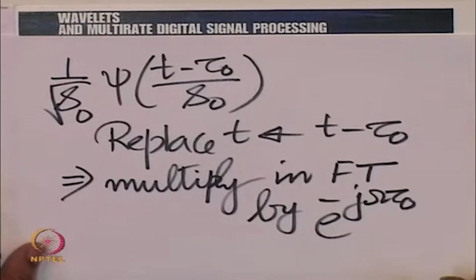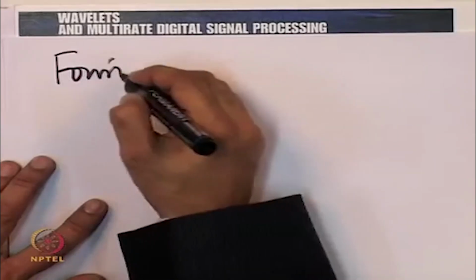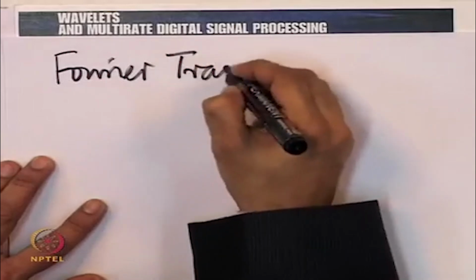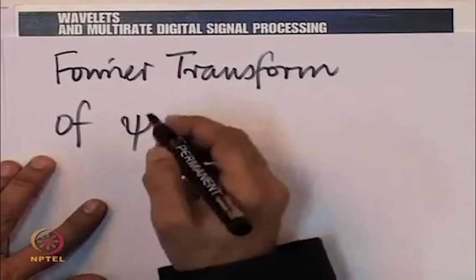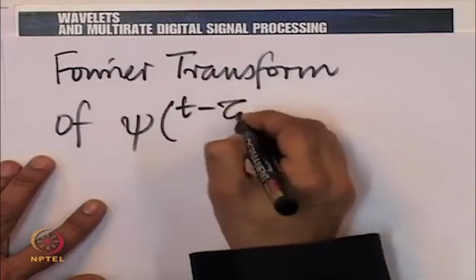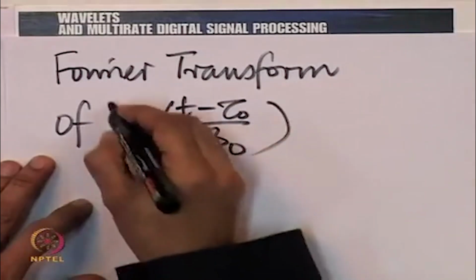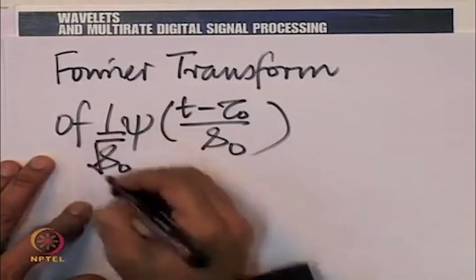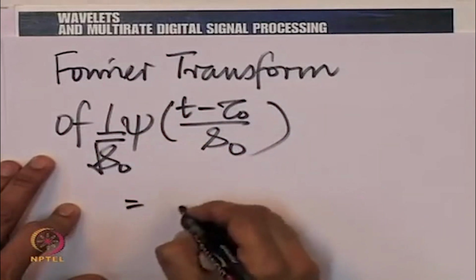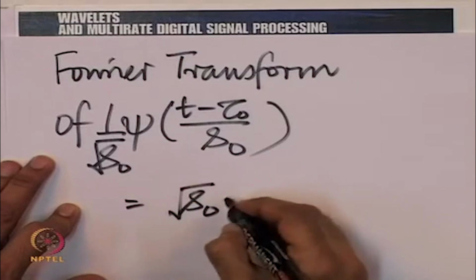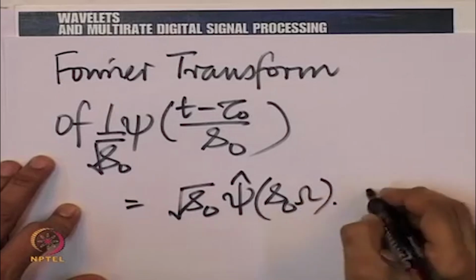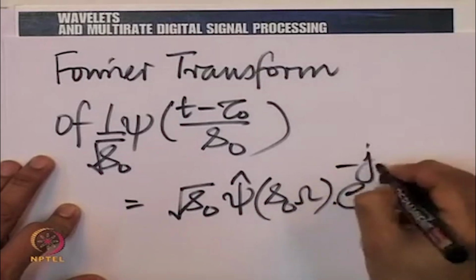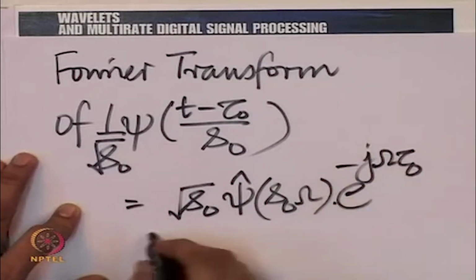So, we will do exactly that. Therefore, we have the Fourier transform of psi of (t minus tau naught) by S naught into 1 by square root S naught is square root of S naught psi cap of S naught omega multiplied by e raised to the power minus j omega tau naught.